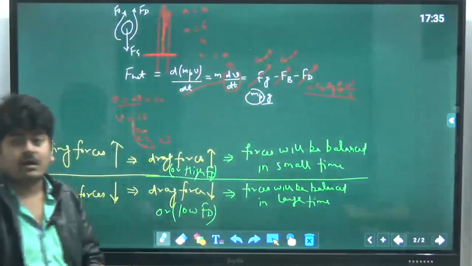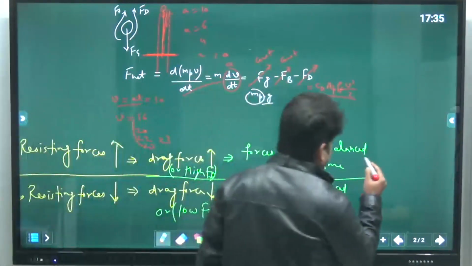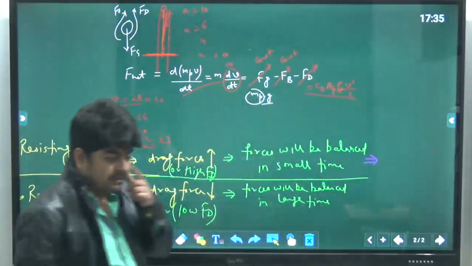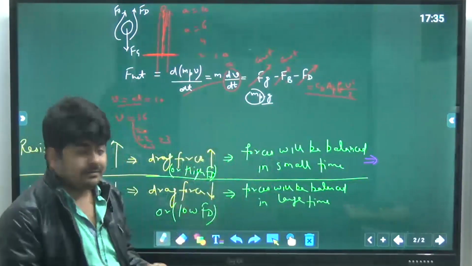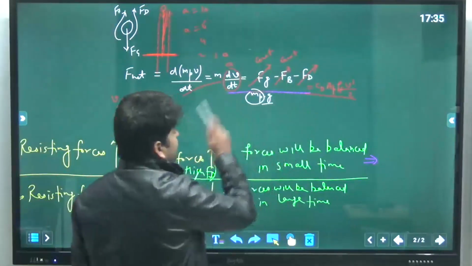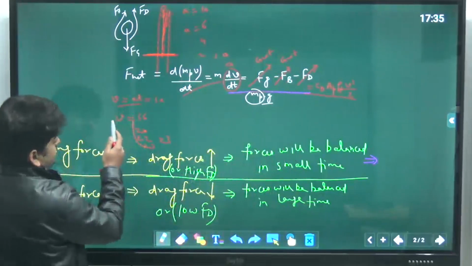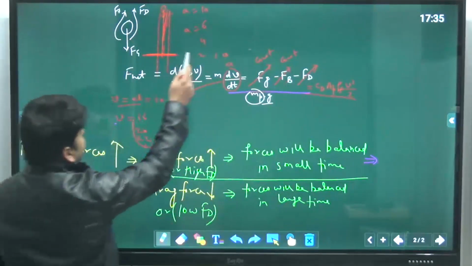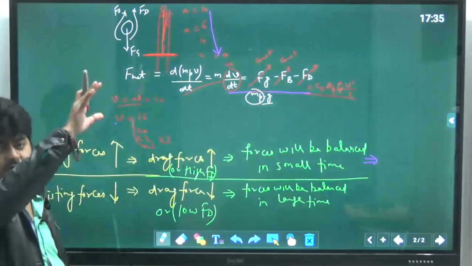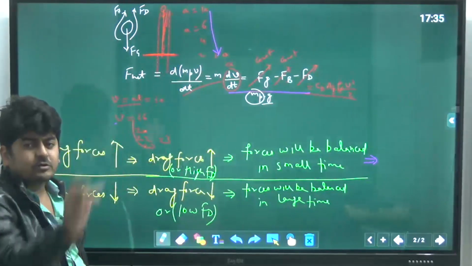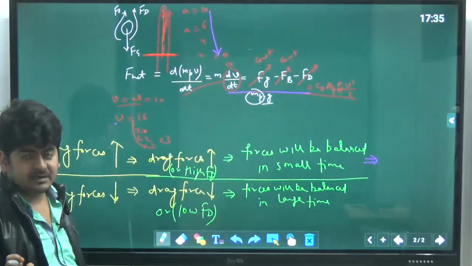Okay. Now, again, just try to understand. If force balance is taking place in a small time, then it means the drop in acceleration from whatever value it has, from initial value to 0, will be sudden. The rapid drop will be there in acceleration.